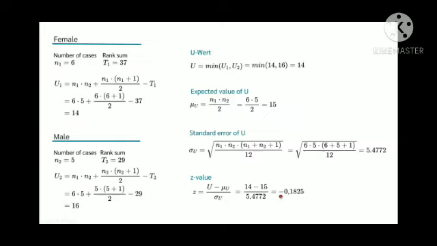For the Z value, Z equals U minus the expected value divided by the standard error, equals 14 minus 15 divided by 5.4772, which equals 0.1825.